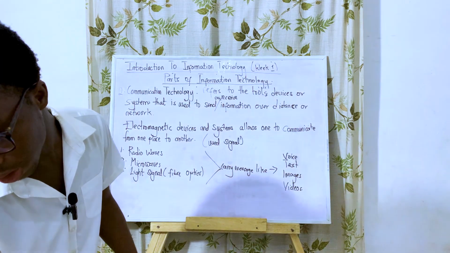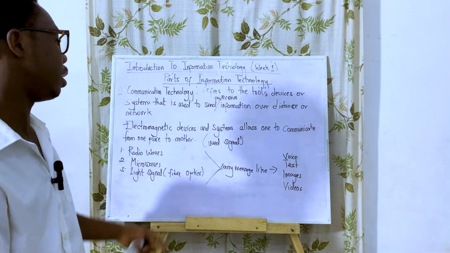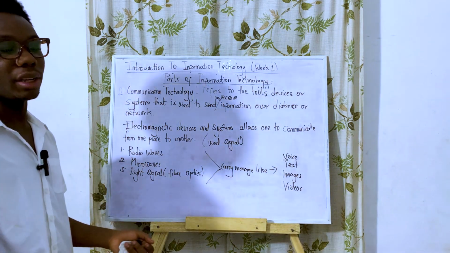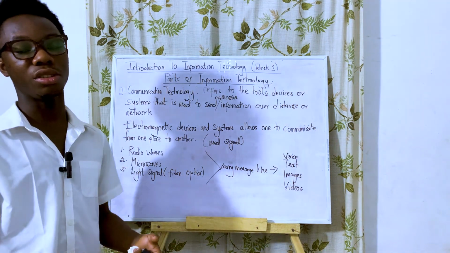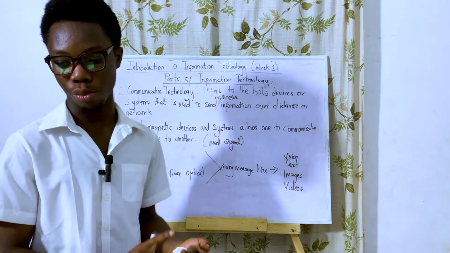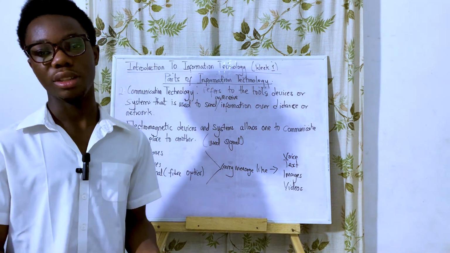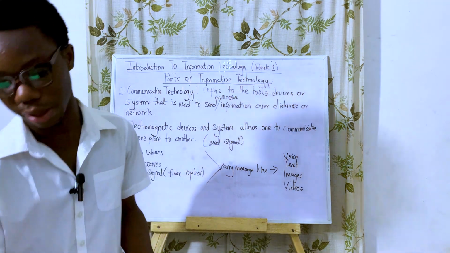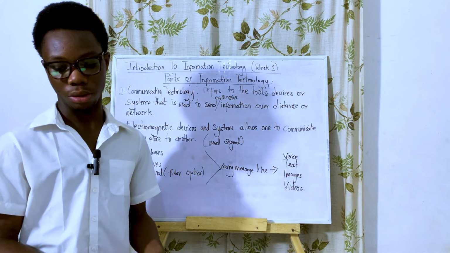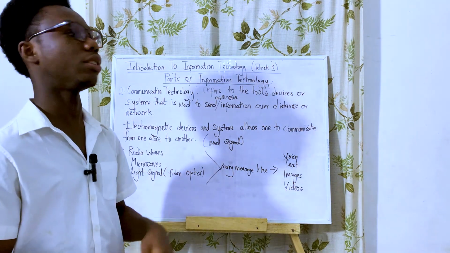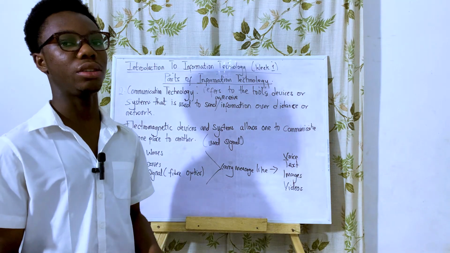So when we say communication technology, we have these there. Now, I made mention earlier that some of these devices of communication technology are: one, your telephone or your mobile phone, your radio, satellite, you have the broadcast television, you have the TV cables also. So these are the parts of information technology.